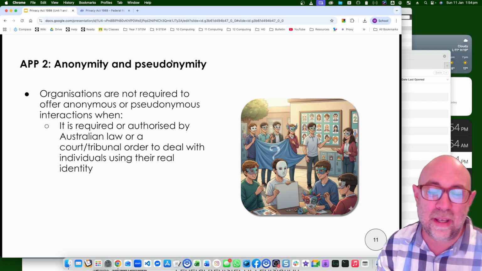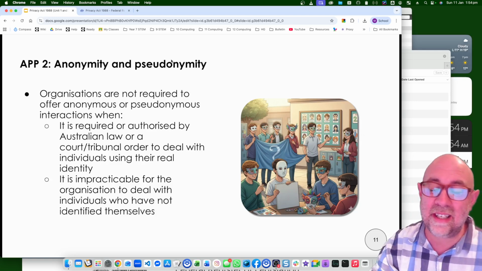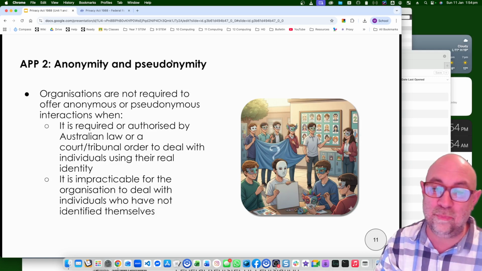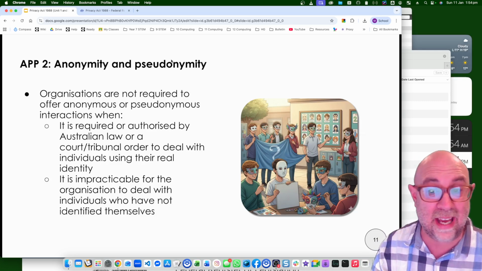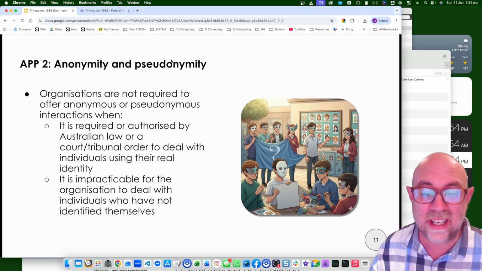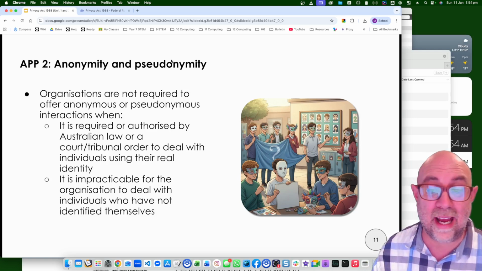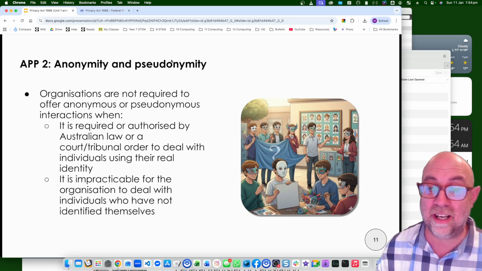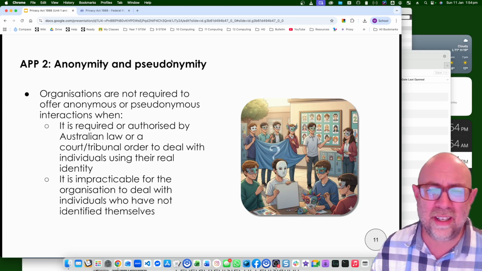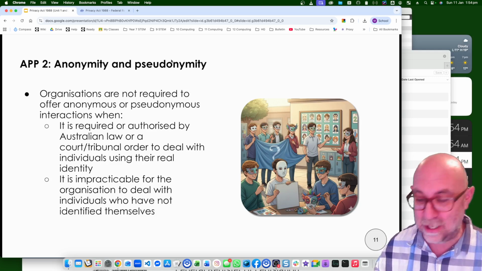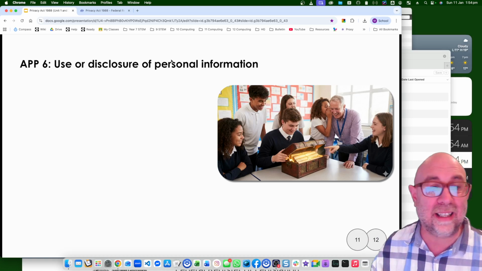So where there's legislation saying they get to ask who you are, or you can't practically look after somebody without having some idea who they are, even if it's not their real name, then you're allowed to do it. For instance, I can't say, I want an email account, but I don't want to tell you what my username or password is, I just want you to magically know. No, they need to know who you are so that they can let you into your account. So there are quite a few instances where they're going to ask.